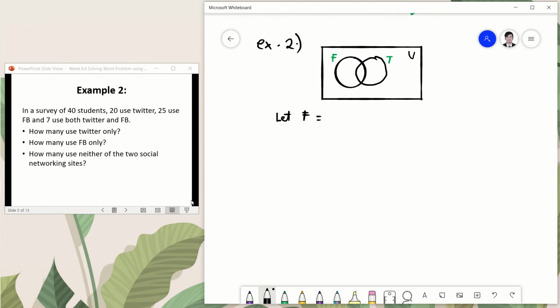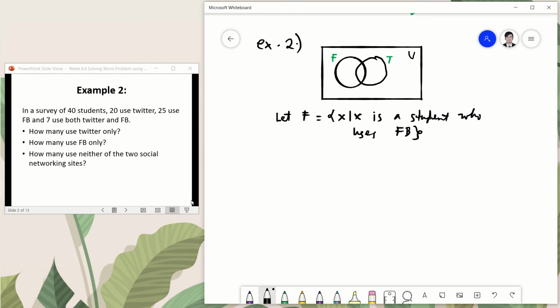So we say, let F contain the elements X such that X is a student who uses FB.